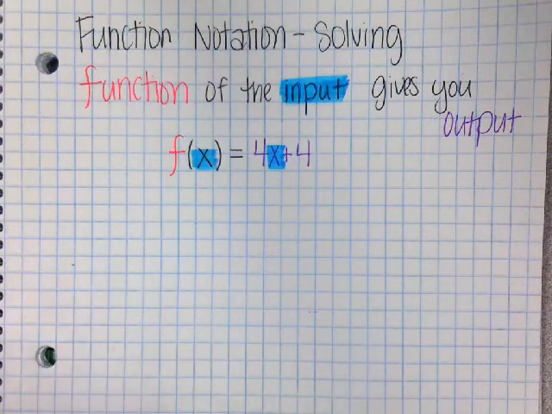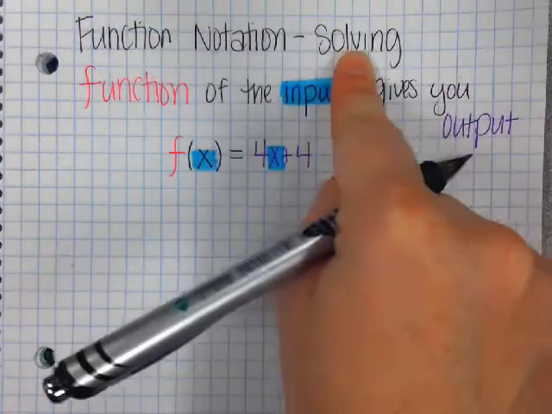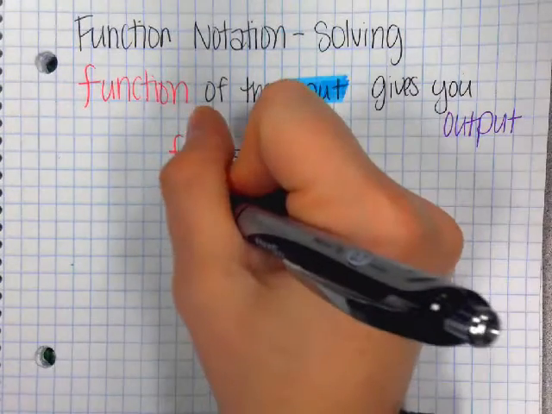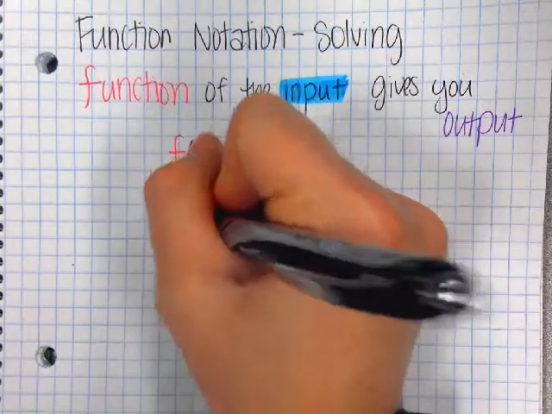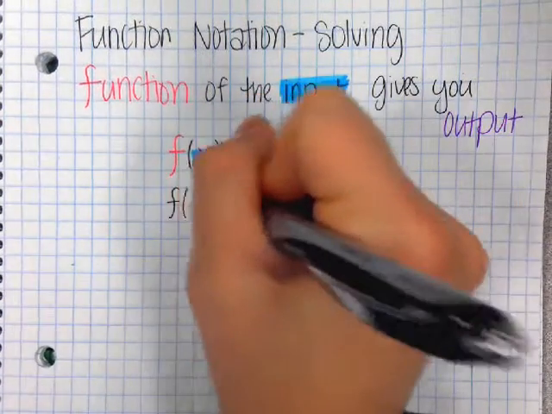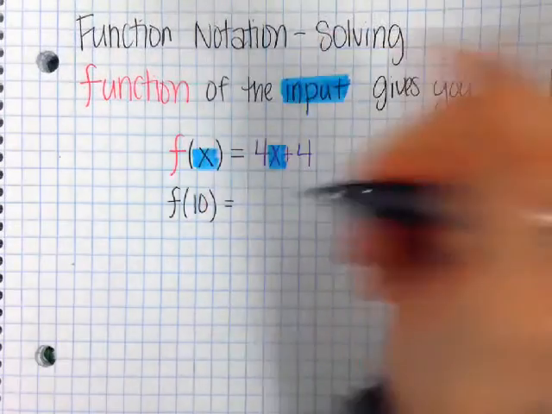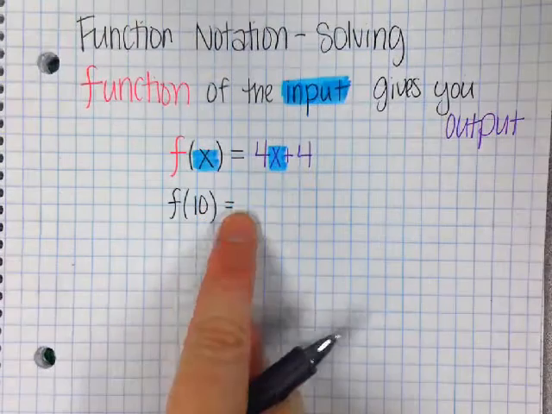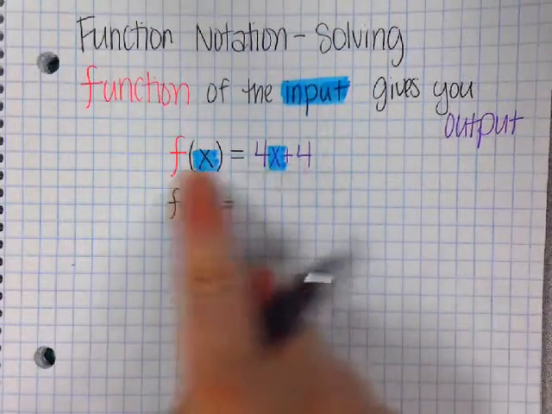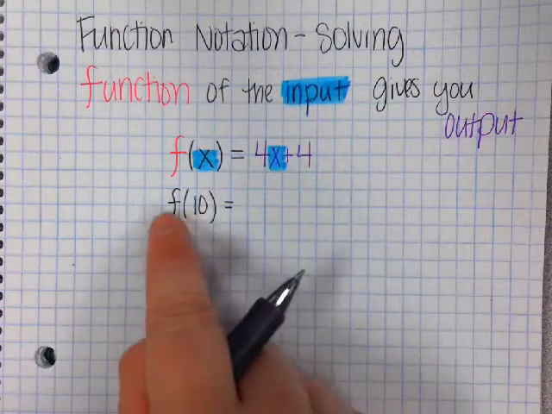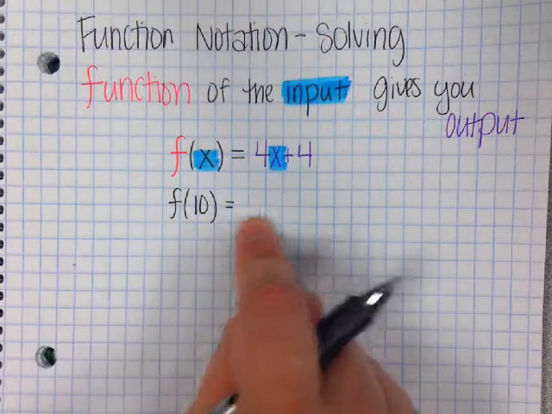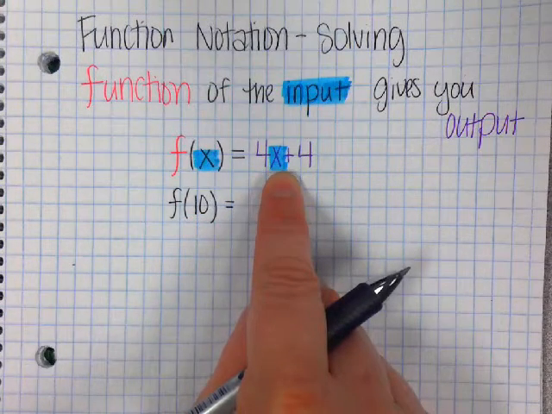Whenever we are solving using these, you'll see something that says f of 10 equals. If you see f of 10 equals, and it's telling you this is your function, it's telling you to use 10 as your input in this function.